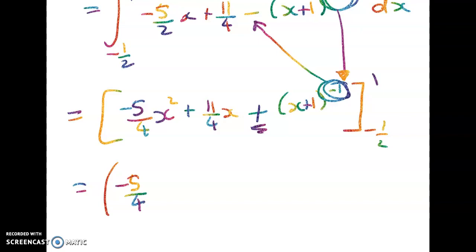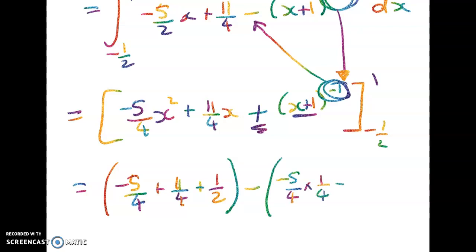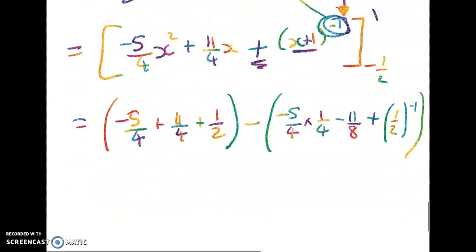So that's negative 5 over 4 plus 11 over 4 plus 2 to the negative 1, which is 1/2, minus negative 5 over 4 times 1/4 minus 11 over 8 plus 1/2 to the negative 1. Yuck.